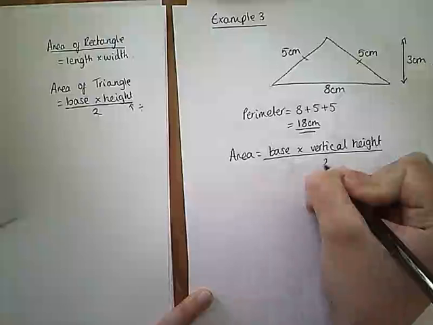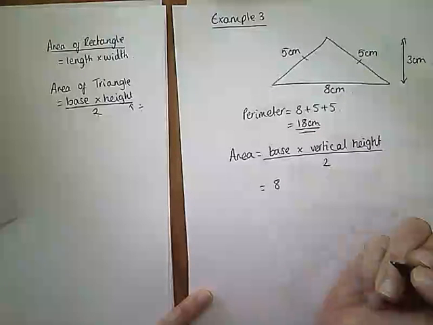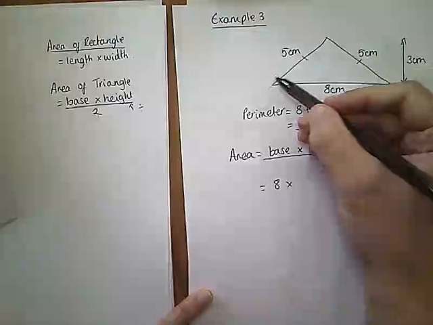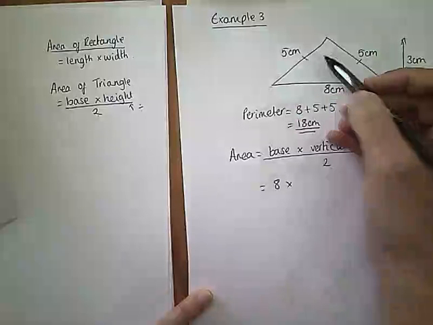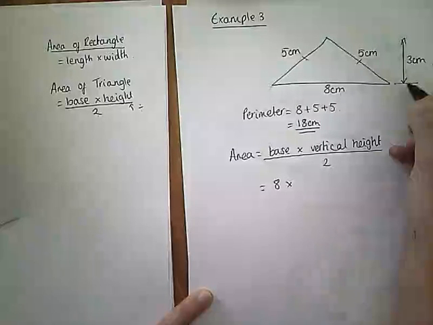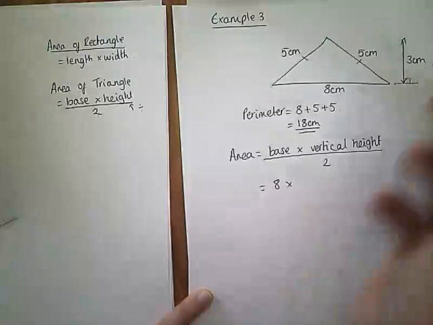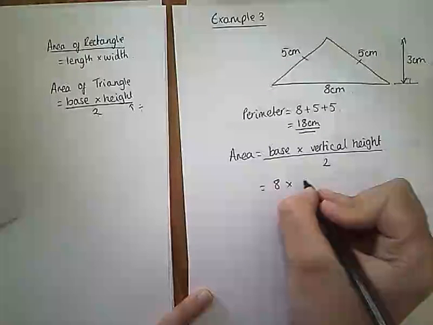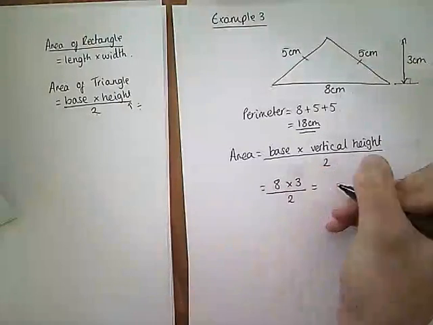Whereas the vertical height I need is at right angles to the ground. Here's the ground, it's at 90 degrees to the ground, so it has to be the 3. 8 times 3 divided by 2. Now 8 times 3 is 24, 24 divided by 2 makes 12, and so my answer is 12 centimeters squared, okay?